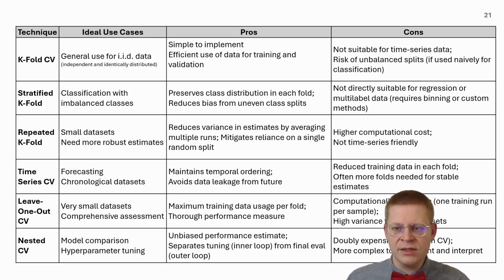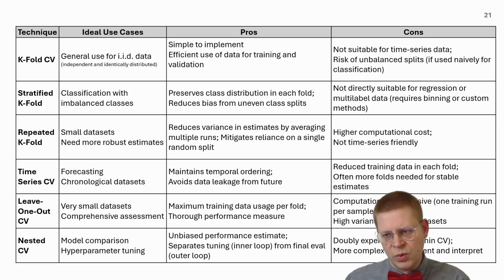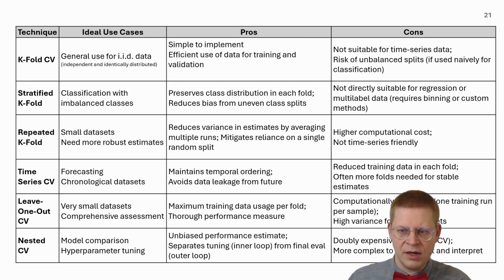It also maximizes our training data usage in each run. However, it is extremely computationally expensive for larger datasets because we have to train n models, and the results can be high variance when each training set differs by just one sample.